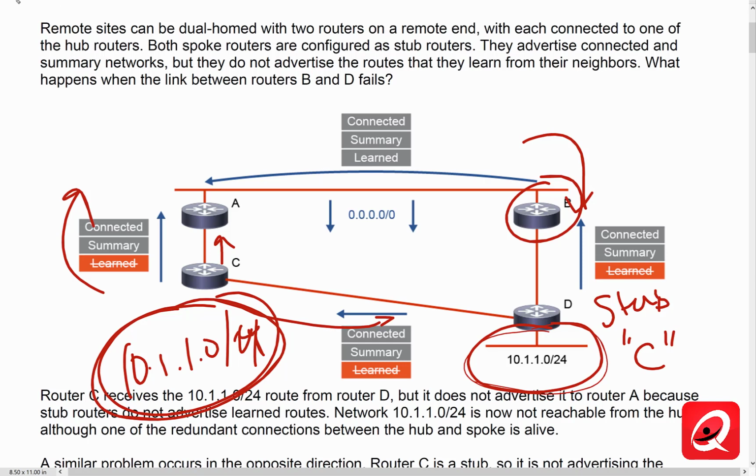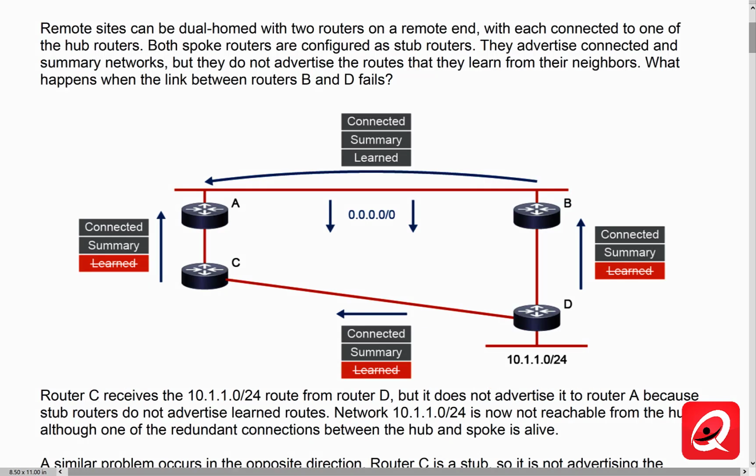Even though the book doesn't really describe this, what they're saying is we would probably leak out the 10.1.1.0 subnet over to router A, essentially as an exception to the rule of what the stub router is advertising to its peer.